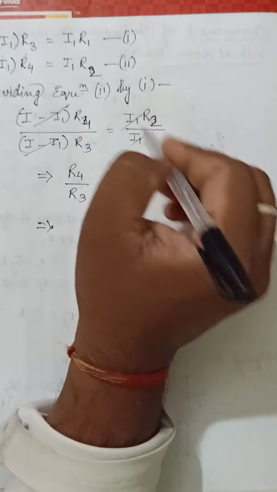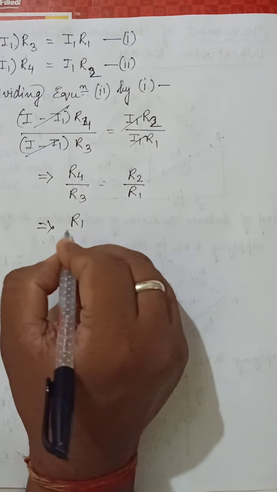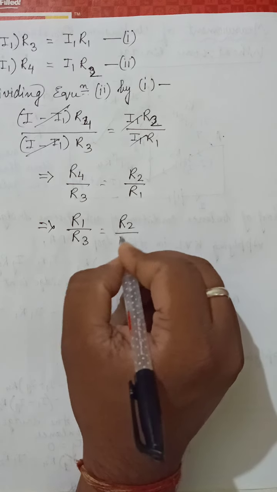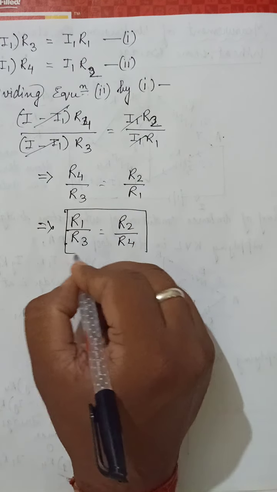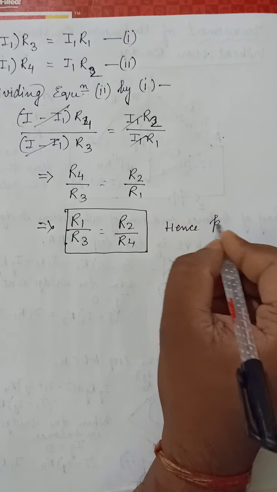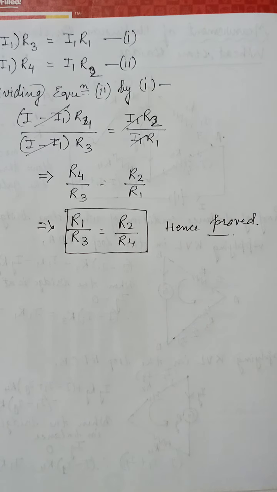Sorry, it is a mistake I have done, it will be R2 only. So R1 by R3 is equal to R2 by R4. Hence proved. So this is the balance condition of Wheatstone bridge.